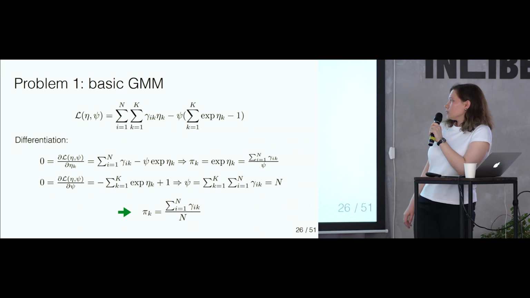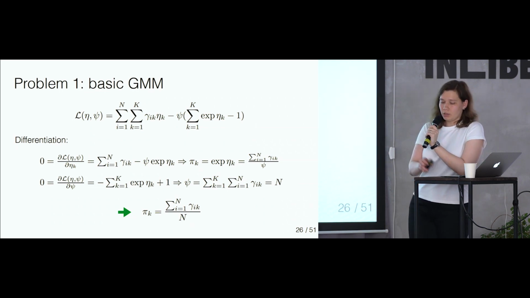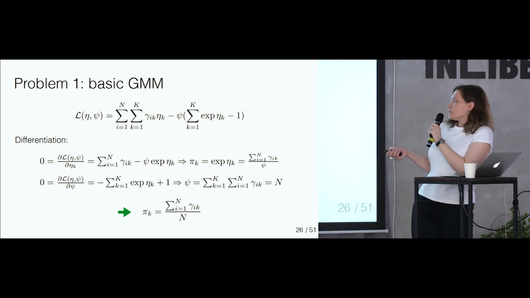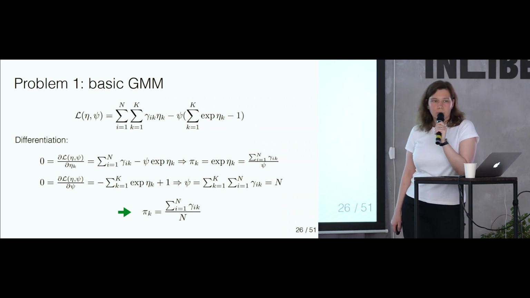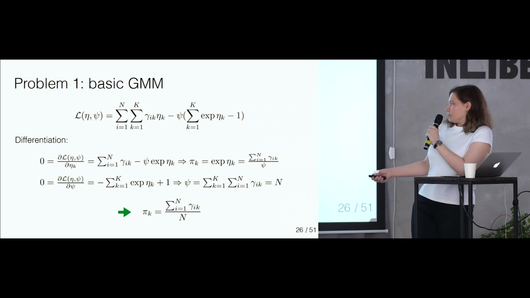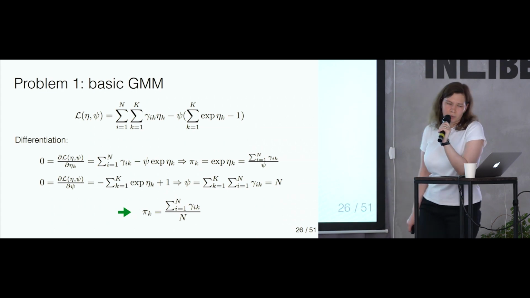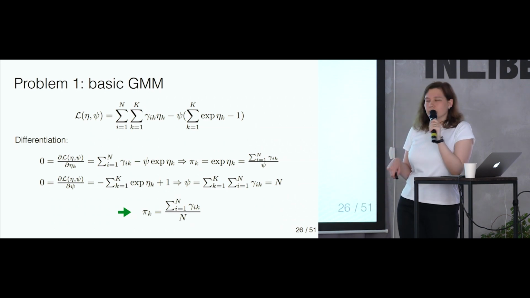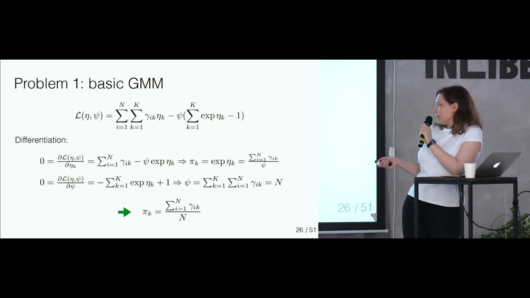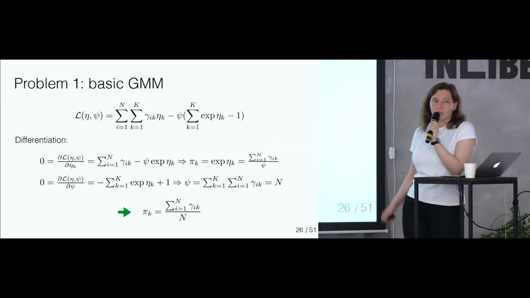Then we differentiate and make all derivatives, with respect to eta k and the multiplier, equal to 0, and find the final value for p, which is quite intuitive, since we just compute the sum of probabilities that point i is from cluster k and divide by the number of points.